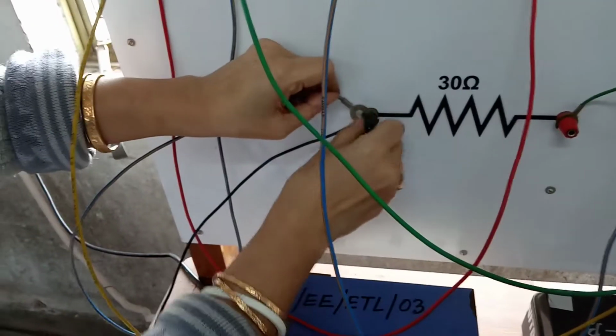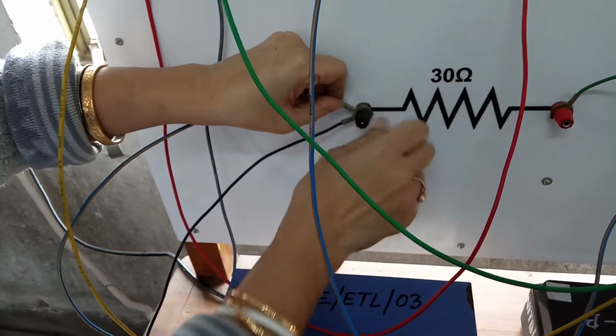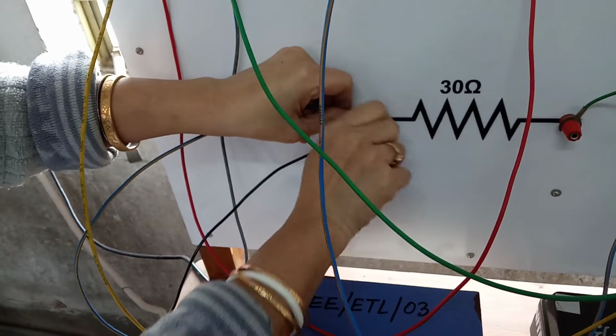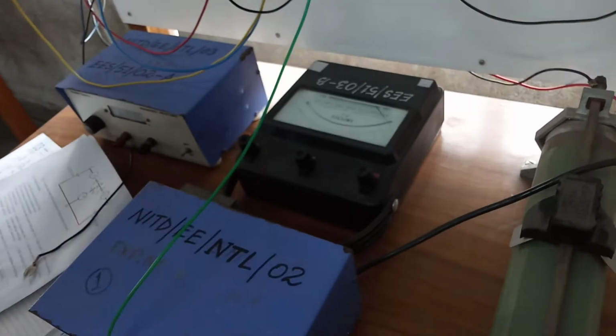Look here, V1 is shorted. That means we are removing this one. These 2 points are shorted. Now I am making it on.